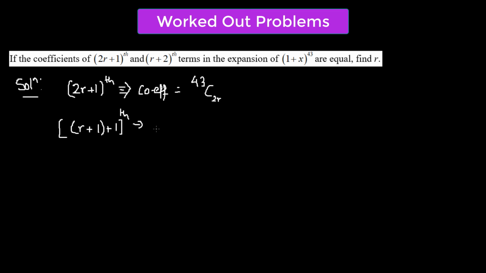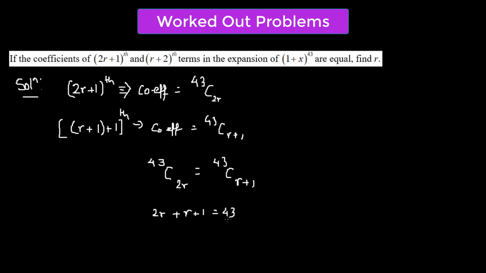The coefficient is going to be 43C(r+1). According to the question, 43C(2r) is equal to 43C(r+1). So we can write twice of r plus r plus 1 is equal to 43, and we have twice of r is equal to 42. So r is equal to 14.